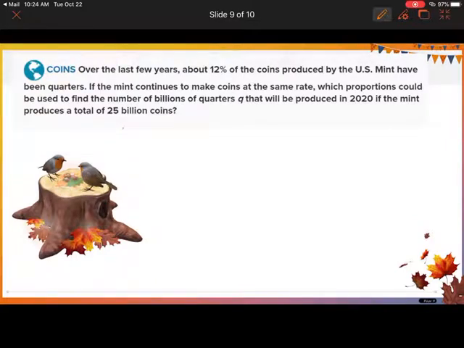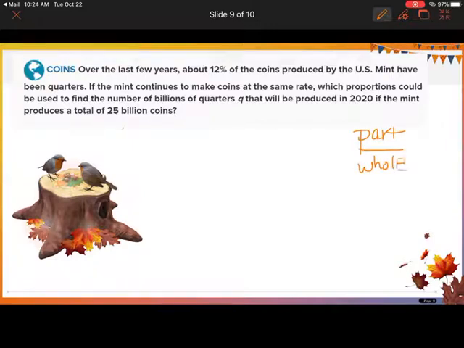So, over the last few years, about 12% of the coins produced by the U.S. Mint have been quarters. If the mint continues to make coins at the same rate, which proportion can be used to find the number of billions of quarters that will be produced in 2020 if the mint produces 25 billion? So this is a percent, which means we're always going to put the part over the whole.